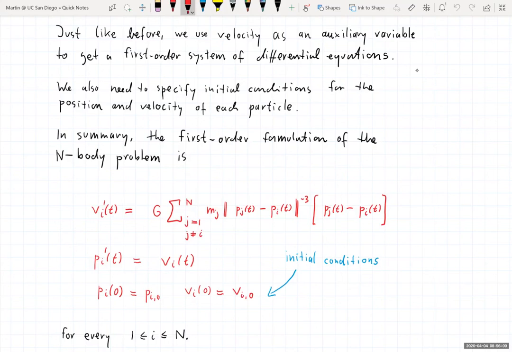As you can imagine, since every particle has gravitational interaction with every other particle, it can be quite complicated or quite resource intensive to conduct numerical simulations for such large systems.